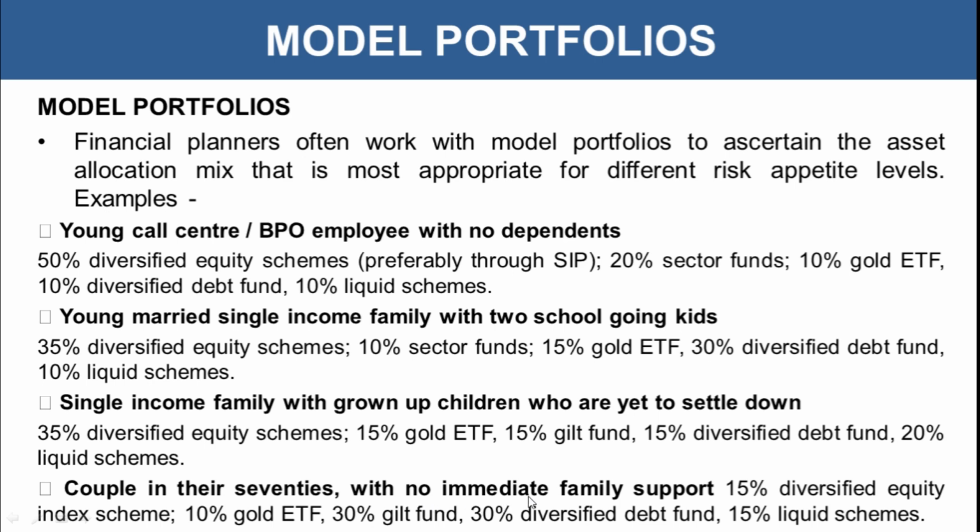Couple in their 70s with no immediate family support. So this is when the people are at the age of retirement and after retirement. So 15% would be in diversified equity index scheme. Index scheme is again a safer one, 10% in gold ETF, now 30% in gilt fund. You can see the safest government securities fund, the proportion is now increased.